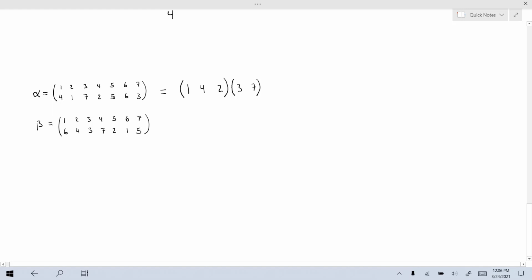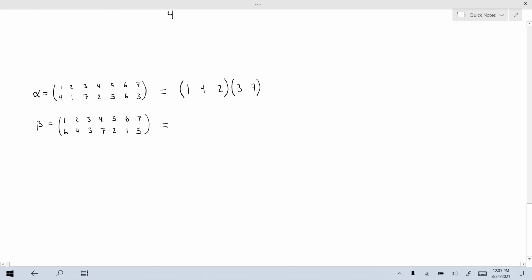Now 5 and 6 map to themselves. So you could write 5 and 6 by themselves in a cycle of length 1. But as I've said a couple of times already, if a number maps to itself, you don't need to do anything for that at all. Okay. So then this would be alpha in terms of cycles.